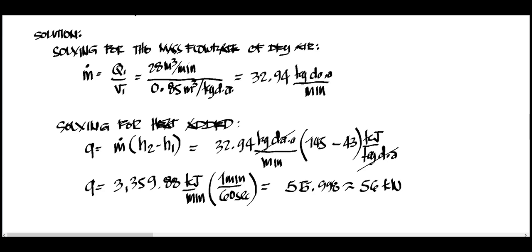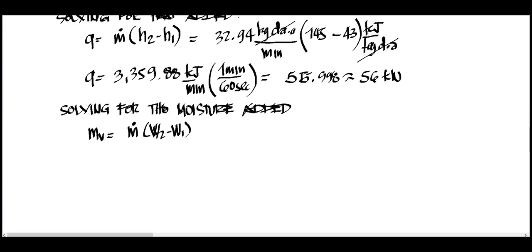So we have 56. Now solving for the moisture added, we use the equation to determine the amount of moisture that will be added. So let's substitute the values.